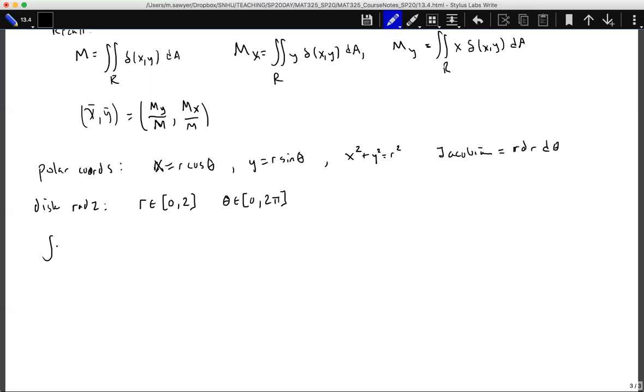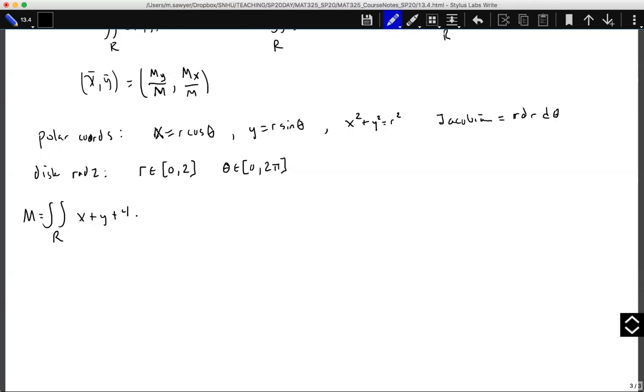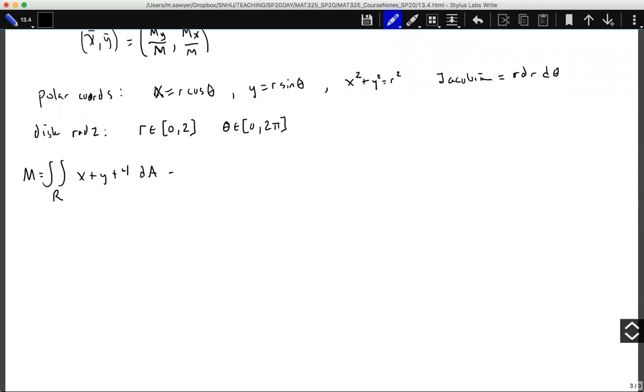So we can convert our double integral for our mass, for the density function x plus y plus 4 dA, to the integral from 0 to 2 pi, the integral from 0 to 2 of r cosine theta, that's our x, plus r sine theta, that's our y, plus 4, and then tack on our Jacobian r dr d theta.